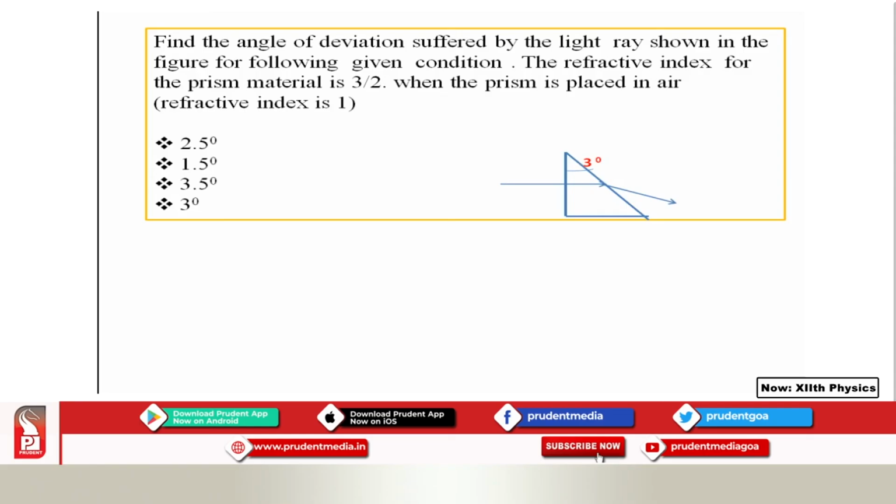So, what can I say? It is a very thin prism, isn't it? So, use the formula for the thin prism and substitute. 3 by 2 minus 1 is 0.5, into the angle of prism, 3 degrees, and this is the final answer that you get.